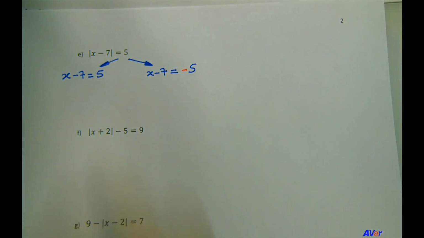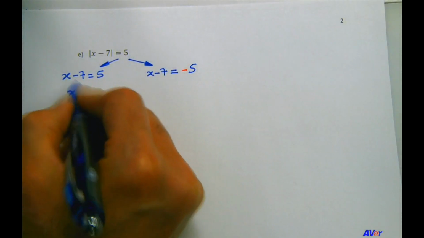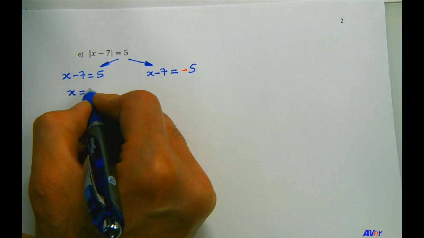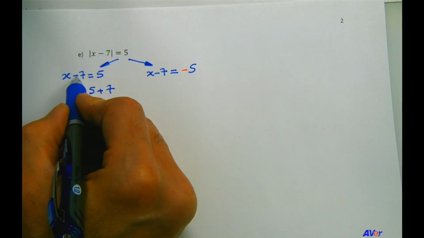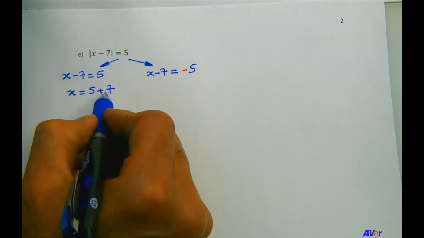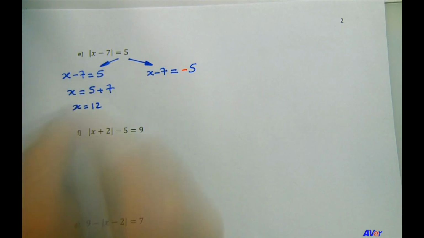Next, let's solve from each path. Let's solve for x. So here, x equals -7 plus 5. So we have 5 plus 7. On this side, it's -7, right? When I move it to the other side, it becomes +7. So x equals 12. That's one of the solutions.